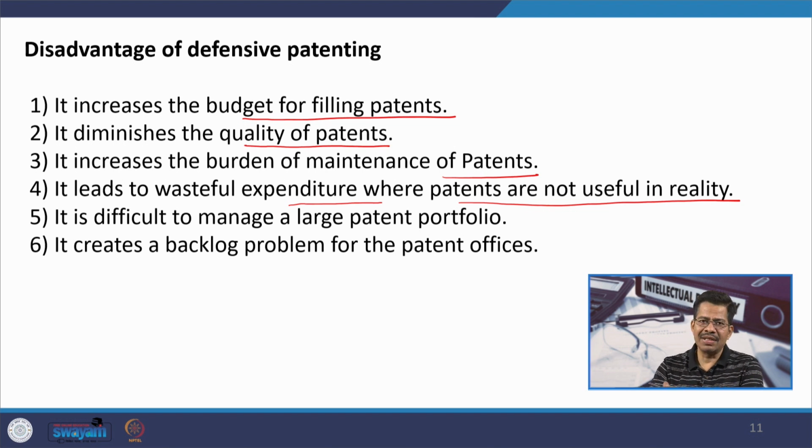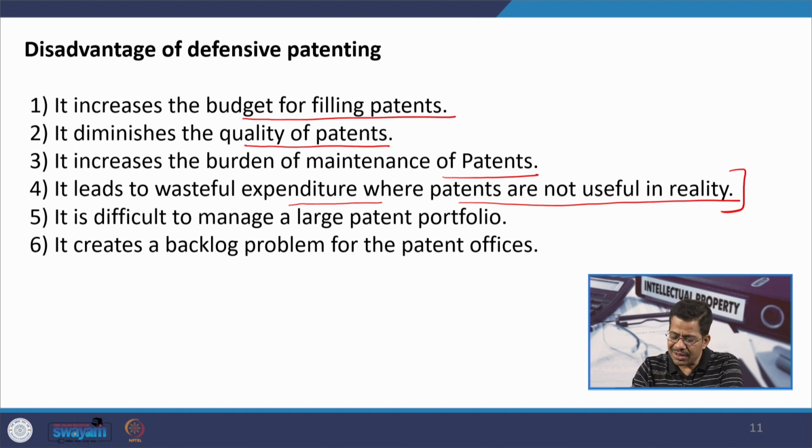Again, the same point in slightly different ways, that you are in a race of increasing the portfolio. So, you are creating those patents also which may not be used in reality. Now, here comes the role of patent offices also, because you remember that one very important condition is industrial application.